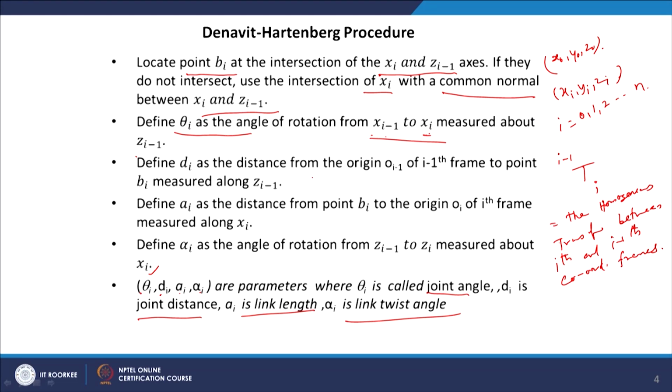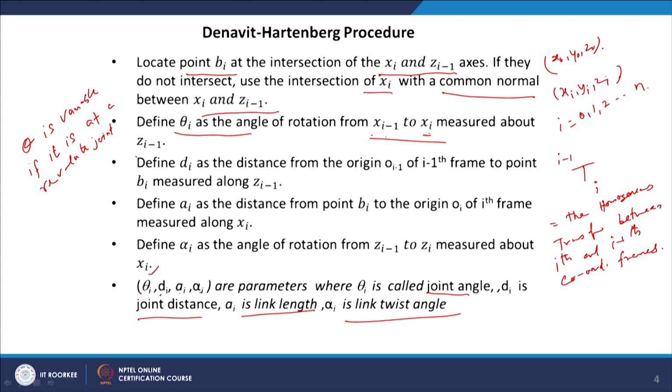Similarly, all other angles, if you take x1 and x2, the angle between x1 and x2 measured about the z1 axis will give theta 2 value. So, etc. If it is a revolute joint, then the theta is variable.